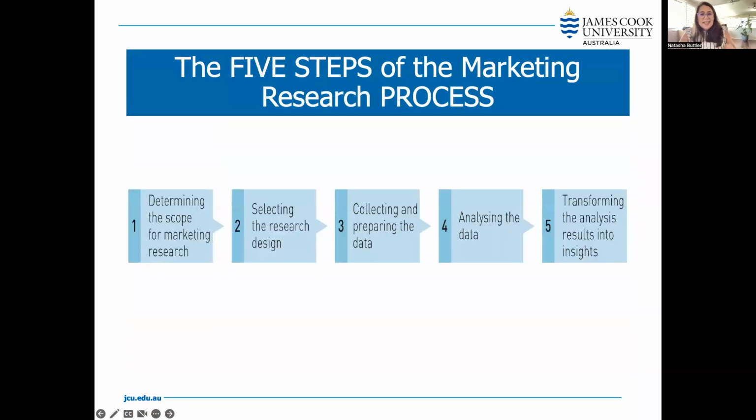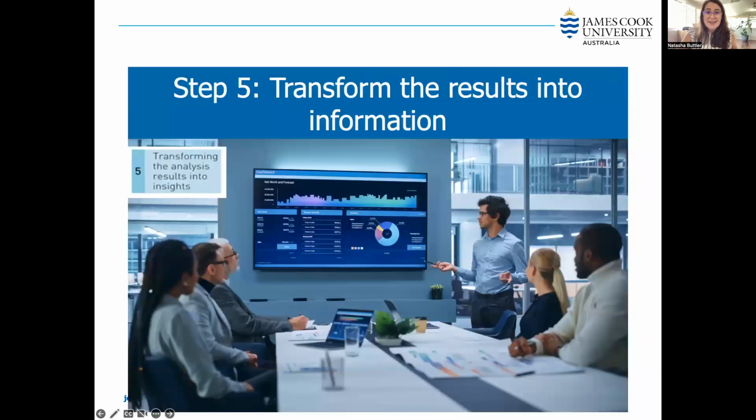So now that we've collected our data and we've analysed it, now we need to put it into a report that describes the insights. So step 5, we're transforming that analysis into the insights, and that is now we're reporting on the findings.